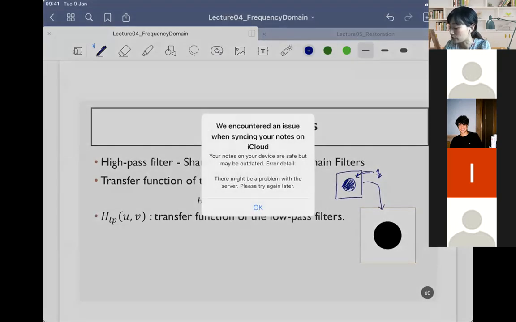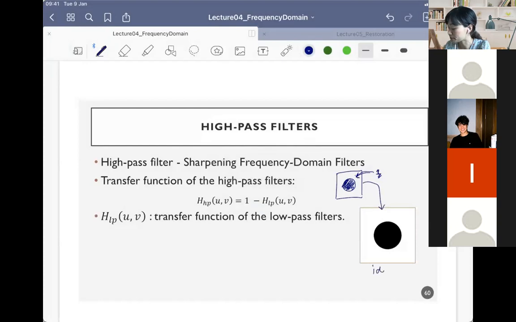So here is the ideal high pass filter. And how you calculate it: you just use 1 minus the transfer function of the low pass filter. Just 1 minus.